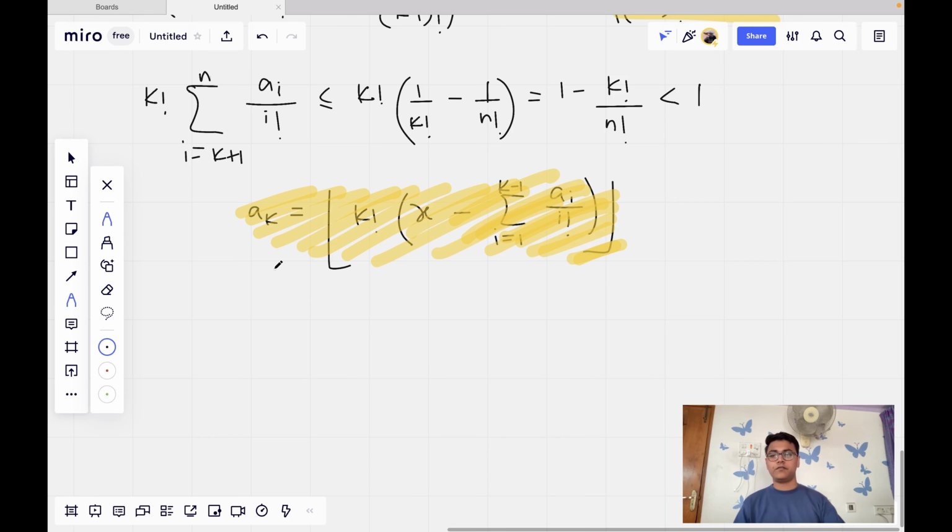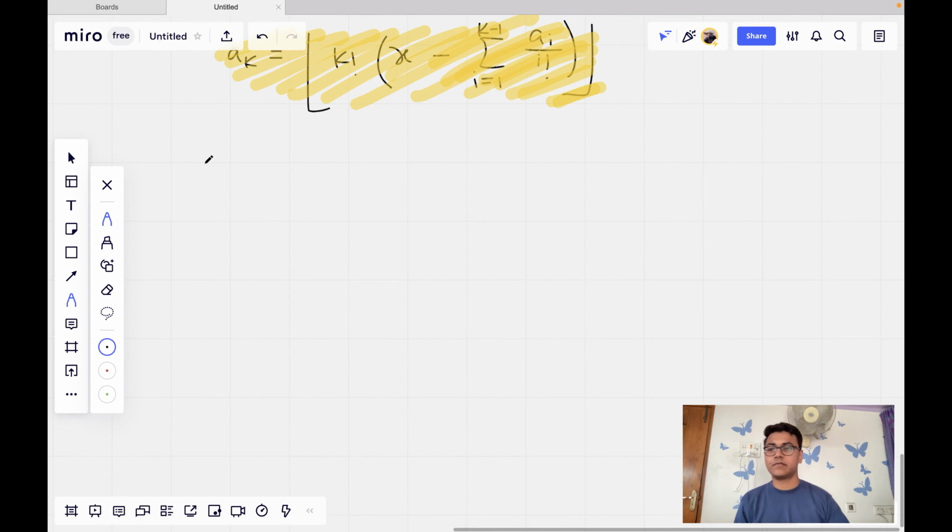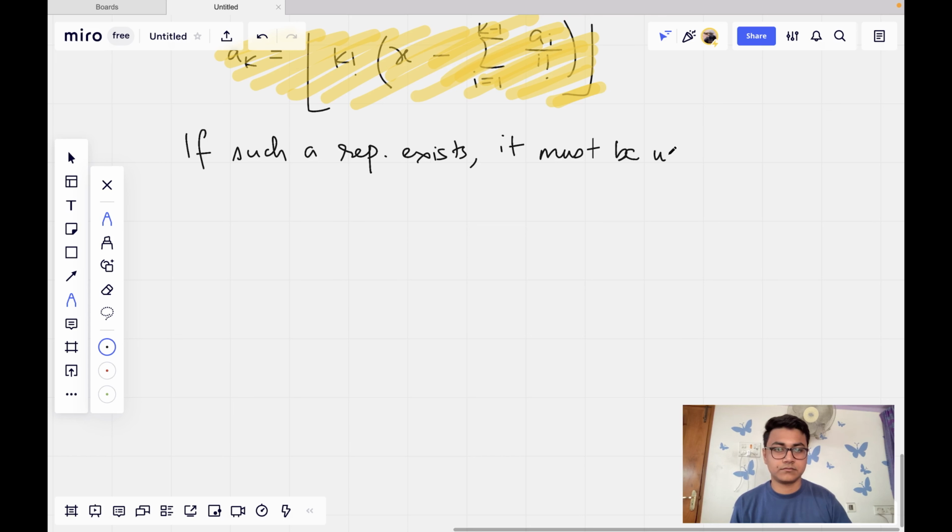So what we have shown till now is that if such a representation exists, it must be unique. So if such a representation exists, it must be unique.